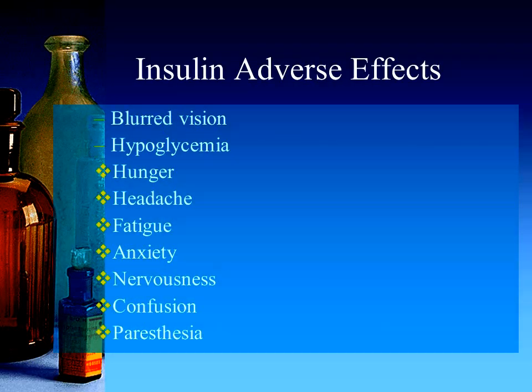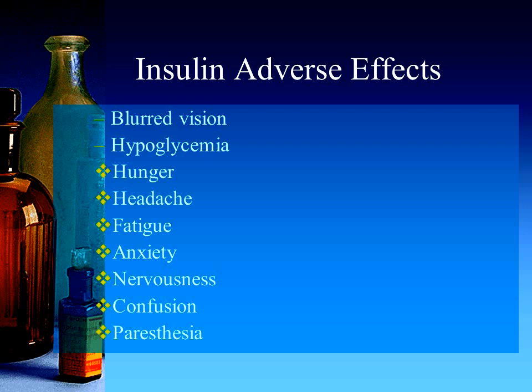The typical adverse effects that we see with insulin, the first two are we may see some blurred vision and hypoglycemia. Too much insulin, the blood sugar goes too low. When you get that low blood sugar, there's a number of things that you will see.